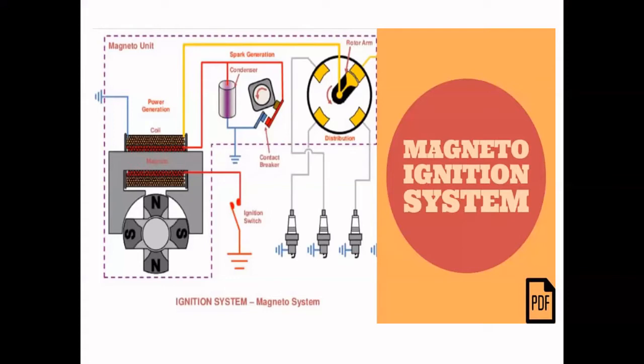Once after explaining the components, I am going to explain how this magneto ignition system works. The system is on the screen in the form of a line diagram. If you want to draw it, I have already circulated the complete text of whatever I am going to explain.